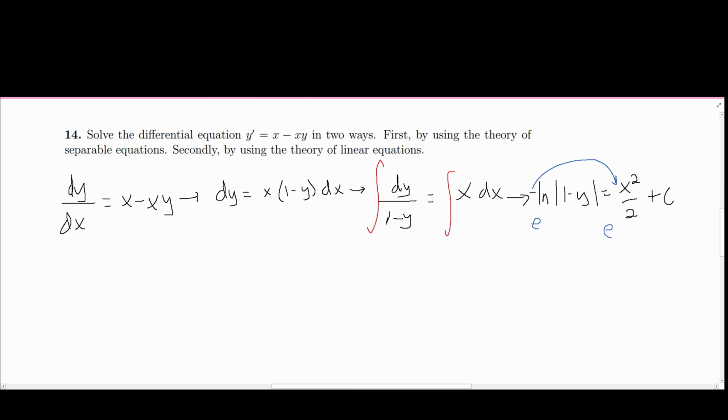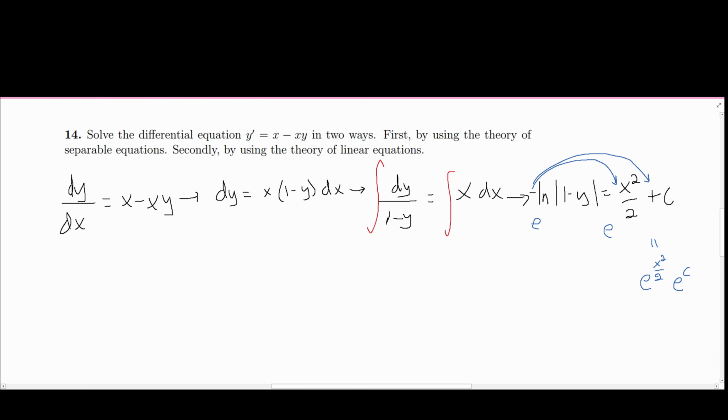This is going to factor out, and we're going to have a negative x squared over 2 minus c, since it must factor. And then, since x squared over 2 plus c, or actually minus c, is going to be raised to e, this equals e to the negative x squared over 2 times e to the c.